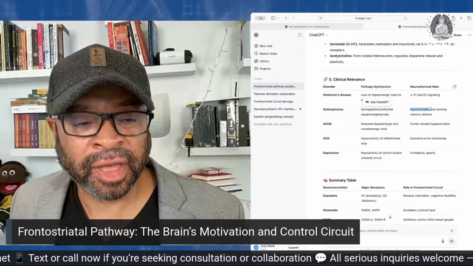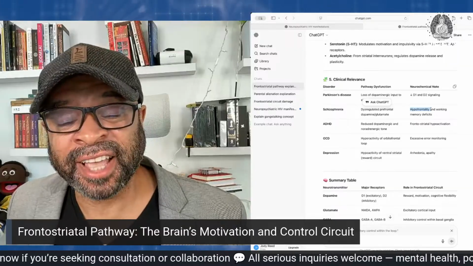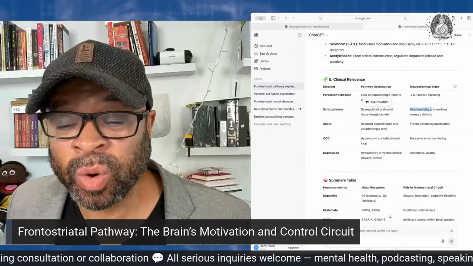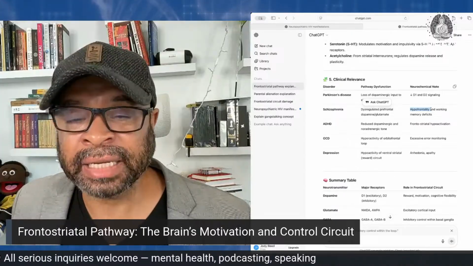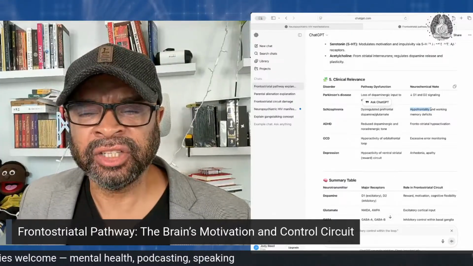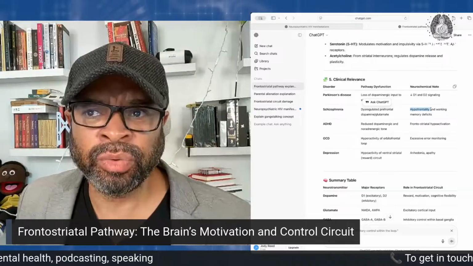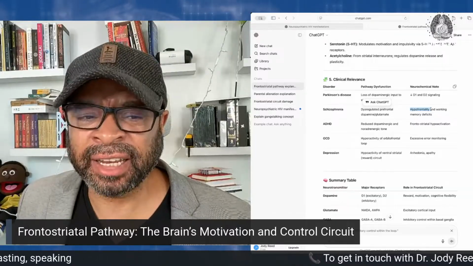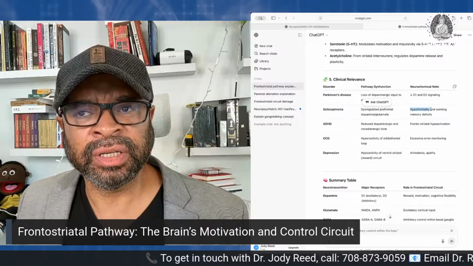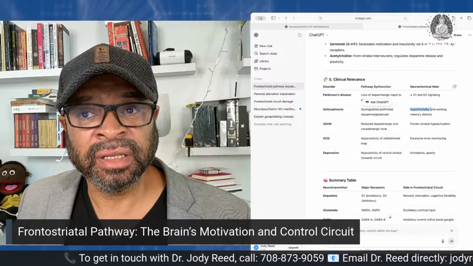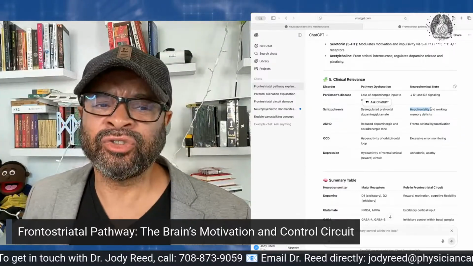It can be hypodopaminergic, and therefore one of the antipsychotics, Abilify, works very uniquely because Abilify is a partial dopamine agonist, not a dopamine antagonist. It activates dopamine just a little bit, not a lot. So overall, it can significantly decrease dopamine hyperactivity simply because it activates a little dopamine at a time.